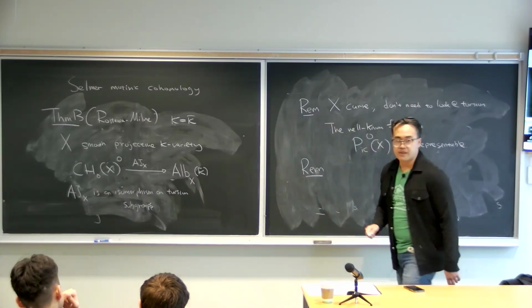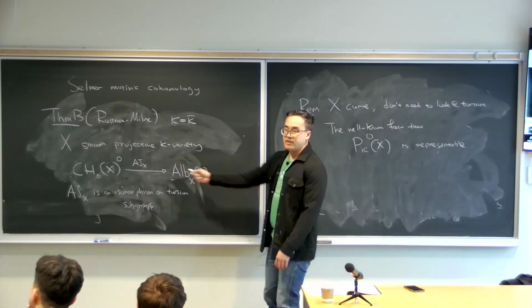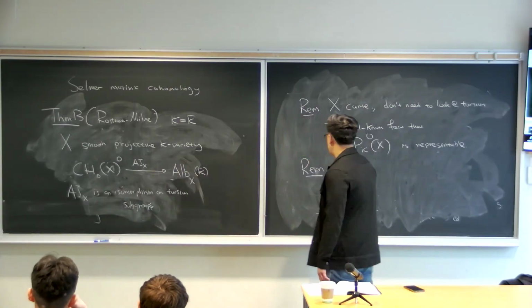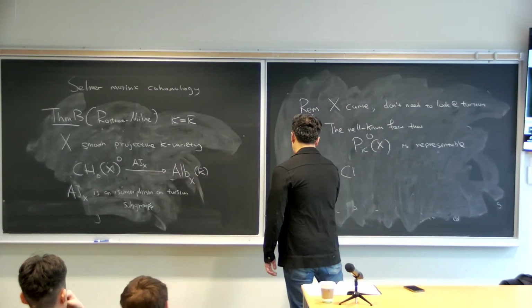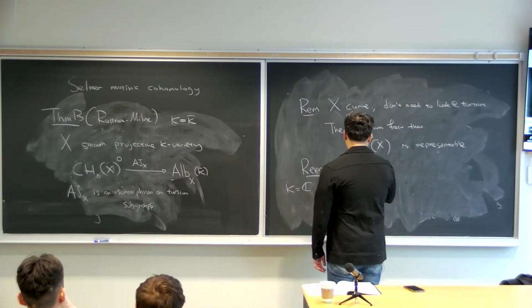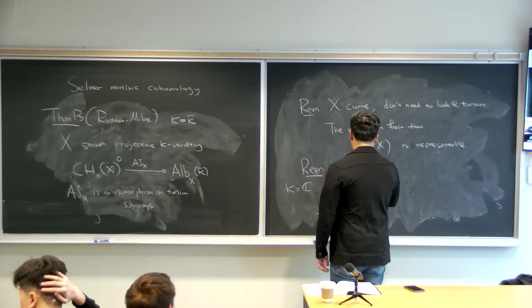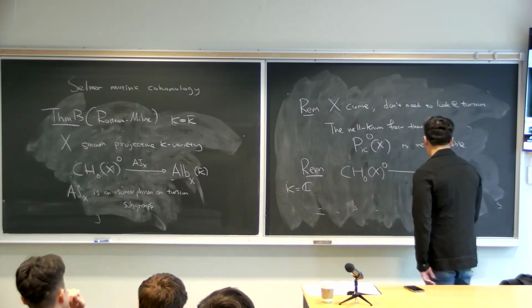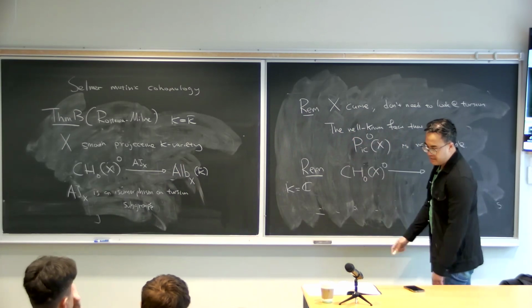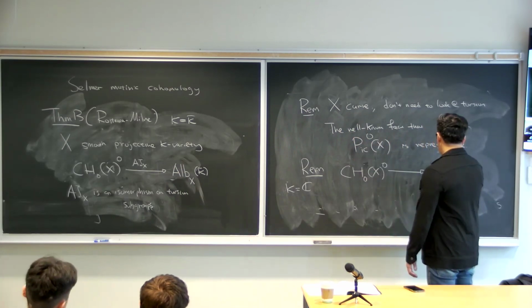So here's an example of something non-obvious that you can read off from the Rojtman-Milne theorem. If I look at, let's say, k = C, then CH_0 of X, the degree zero part, has a map into the Albanese, but the Albanese has another name.